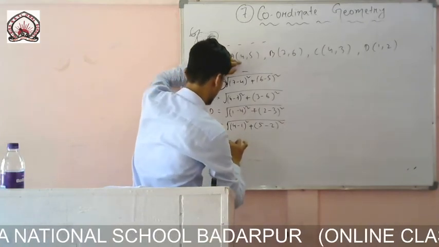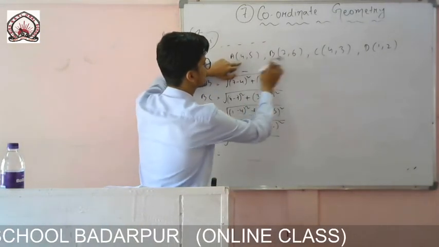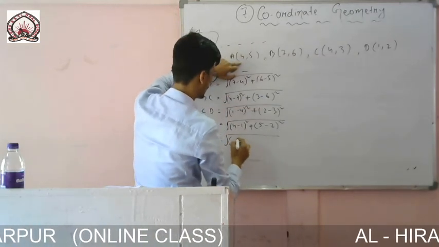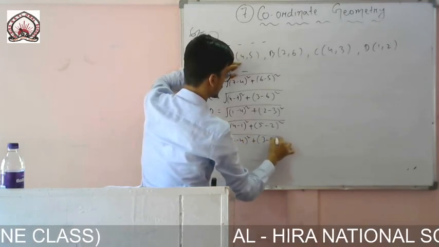Then AC, I am writing it first, then I will directly solve. So AC will be (4 minus 4) whole square plus (3 minus 5) whole square.